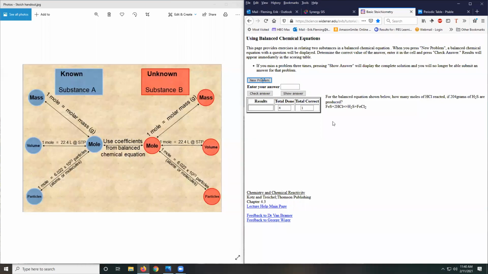But you look at the problem: how many moles of hydrochloric acid were used if 204 grams of hydrogen sulfide are produced?